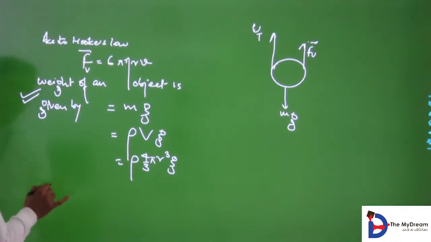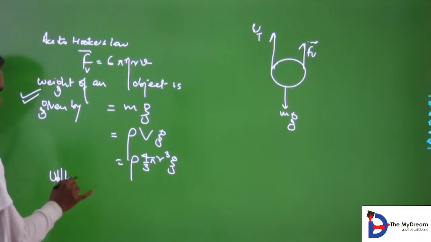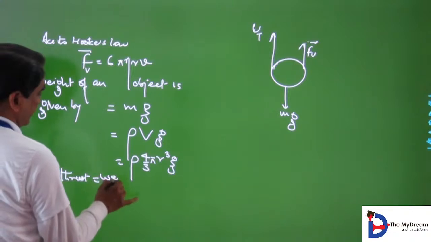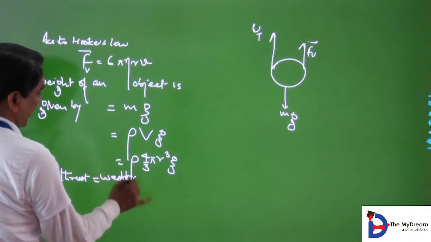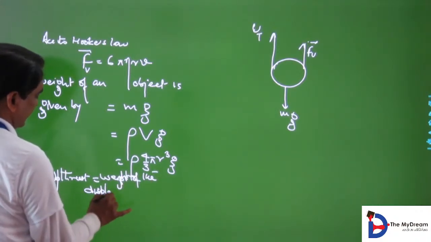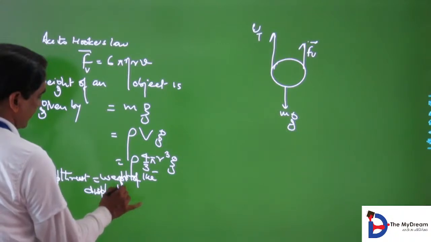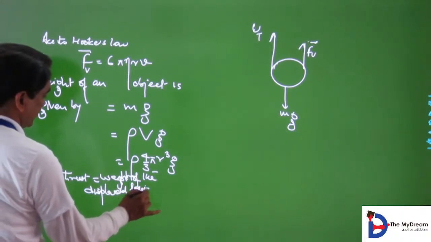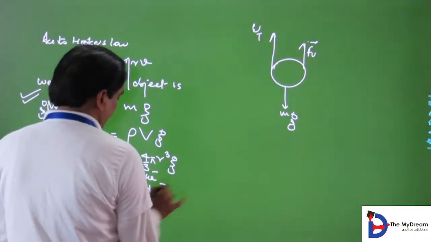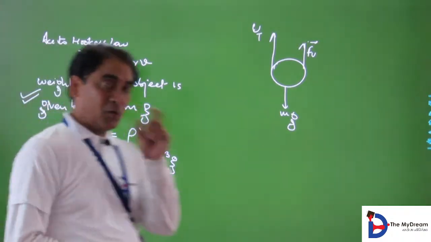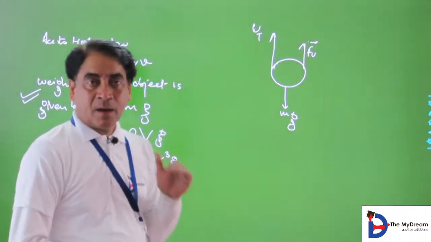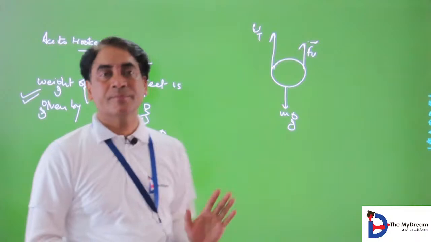Now we are talking about the upthrust. That is the weight of the displaced liquid, that is given by 4 by 3 pi r cube sigma g. Here rho is the density of the object, and sigma is the density of the medium.